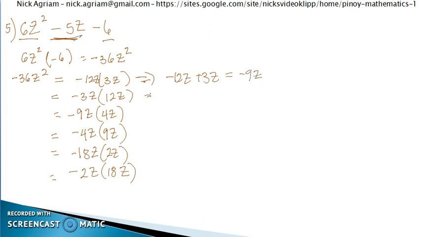Nope. Negative 3 zeta plus 12 zeta is positive 9 zeta. It is not what we want. And then negative 9 zeta plus 4 zeta is negative 5 zeta. Yes, we already found it. Then we don't need to continue.